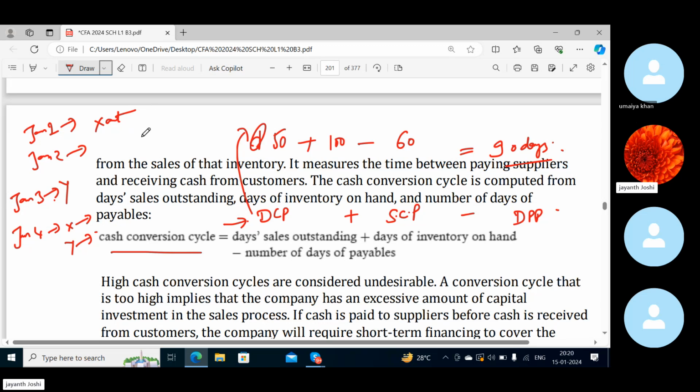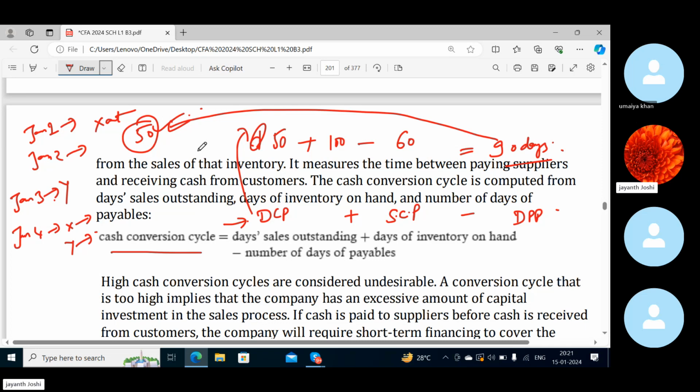Let's say a cash conversion cycle of 50 is better than 90, because 50 days was the time period in which I collected my money from customers, converted my stock into cash and also made the payment to my suppliers. So this was the resultant time period. If it is less, that shows faster movement of cash.